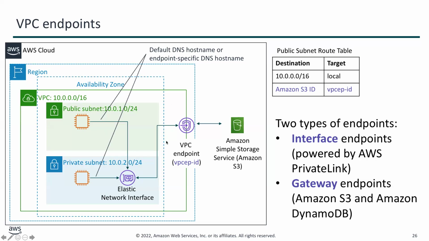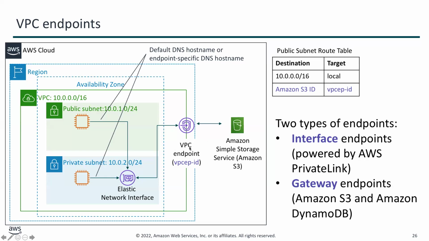Now, all of the resources within this VPC can access that storage, which is outside that VPC or outside the network which you have defined. For that, we need a VPC endpoint. Obviously, for the public subnet route table, you will add this entry. The traffic going from here, the Amazon S3 ID, the S3 storage, goes to this VPC endpoint ID.